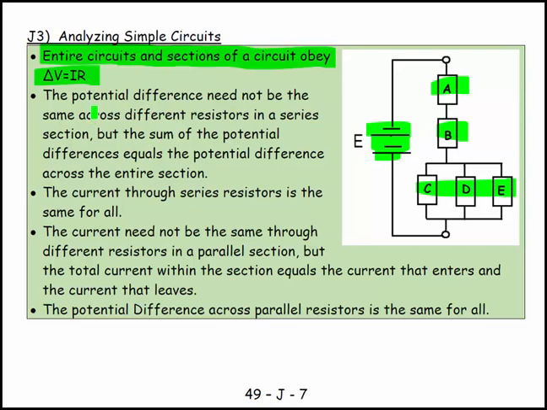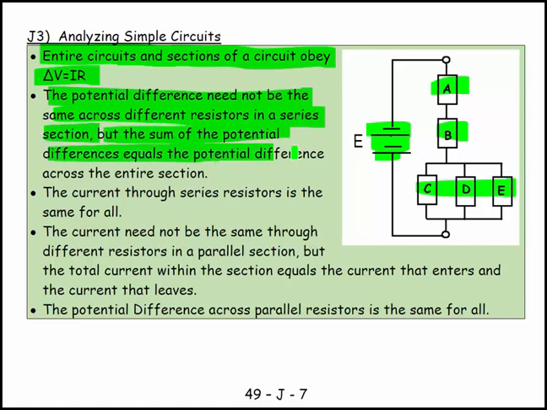That's very useful. The potential difference need not be the same across different resistors in a series section, but the sum of the potential differences equals the potential difference across the entire section.